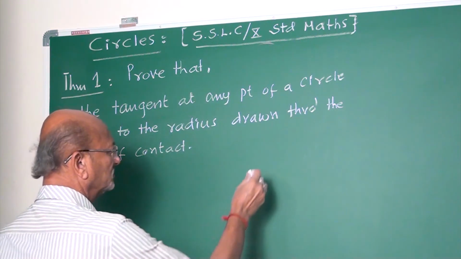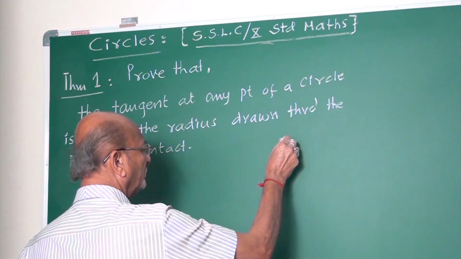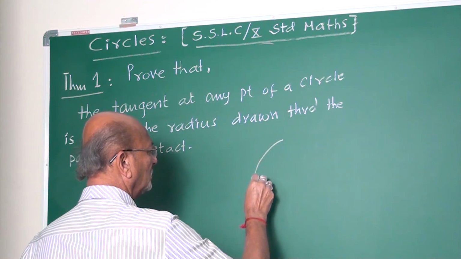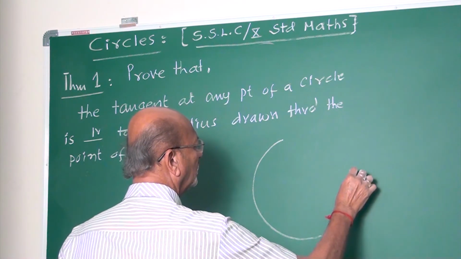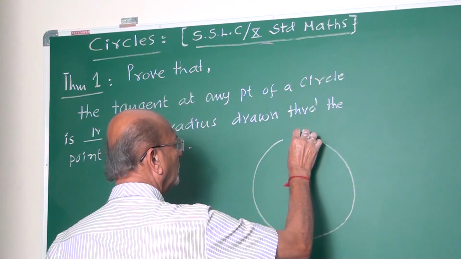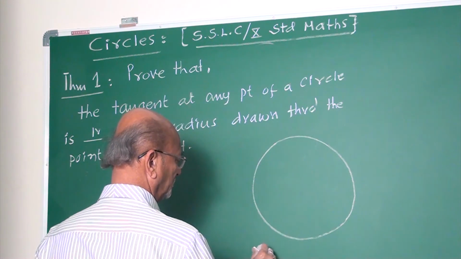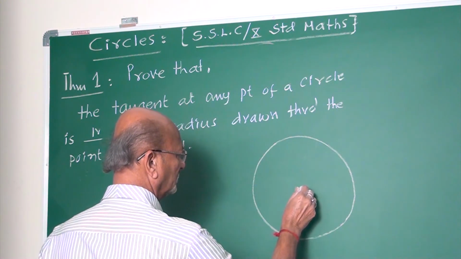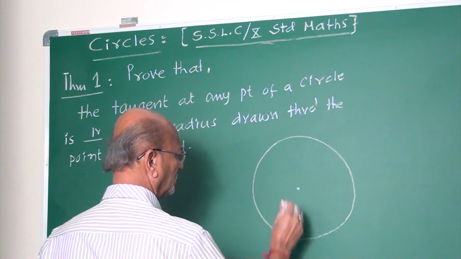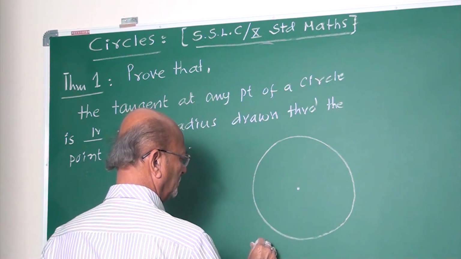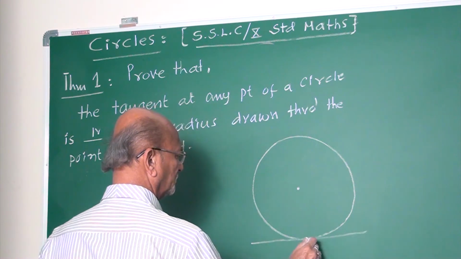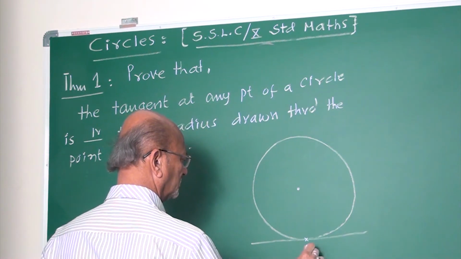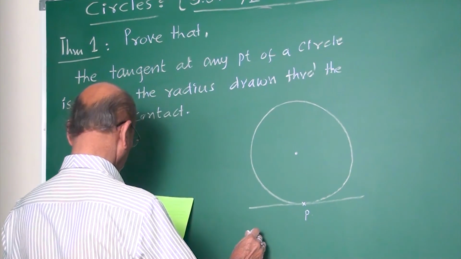Yes, my friends. Now this is the circle figure. This is the circle. This is the tangent of the circle, center of the circle. This is the point of contact.